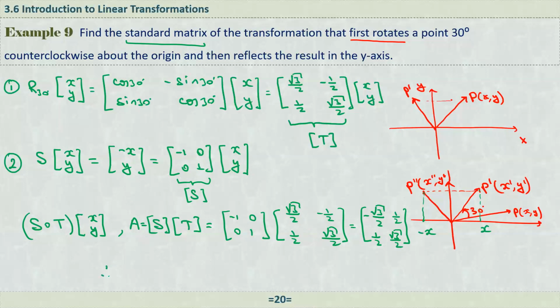So the standard matrix of these transformations is square root of 3 over 2, 1 over 2, 1 over 2, square root of 3 over 2. If you multiply any vector by this matrix, first it rotates it 30 degrees anti-clockwise, and after that, it reflects the point about the y-axis.